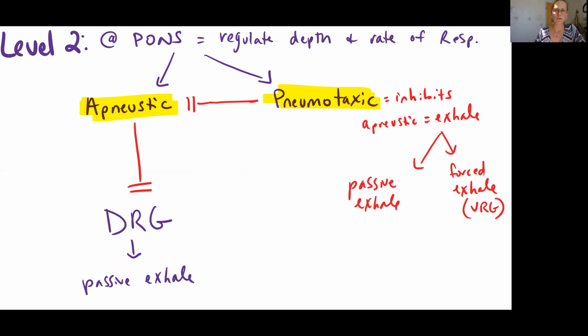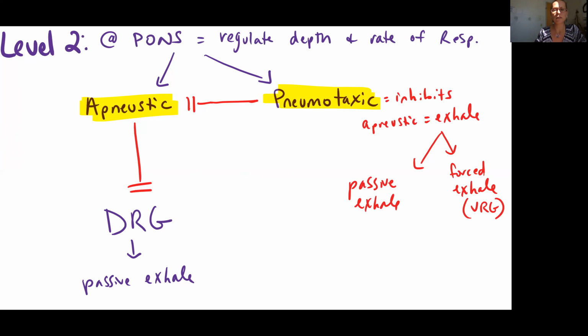The pneumotaxic center is going to inhibit the apneustic center. If the apneustic center is inhibited, then we're no longer signaling to the DRG to cause the diaphragm and external intercostals to contract. So this leads us to our passive exhale. Those muscles start relaxing. The thoracic cage is going down in size, the lungs are going down in size, and air is getting pushed out.